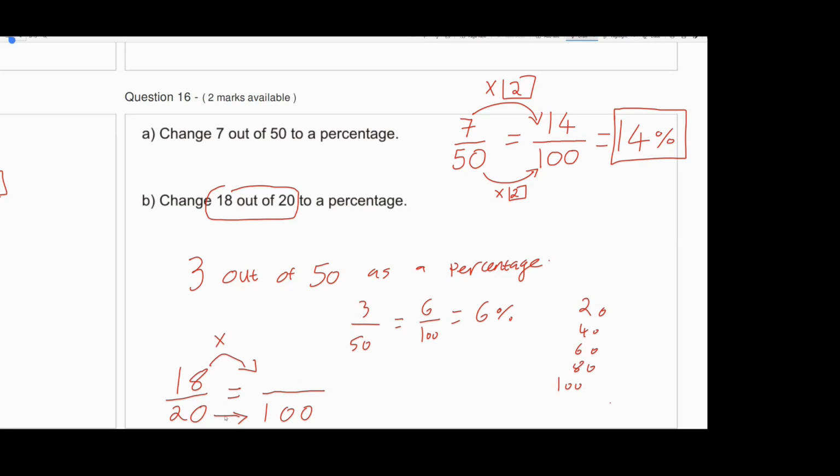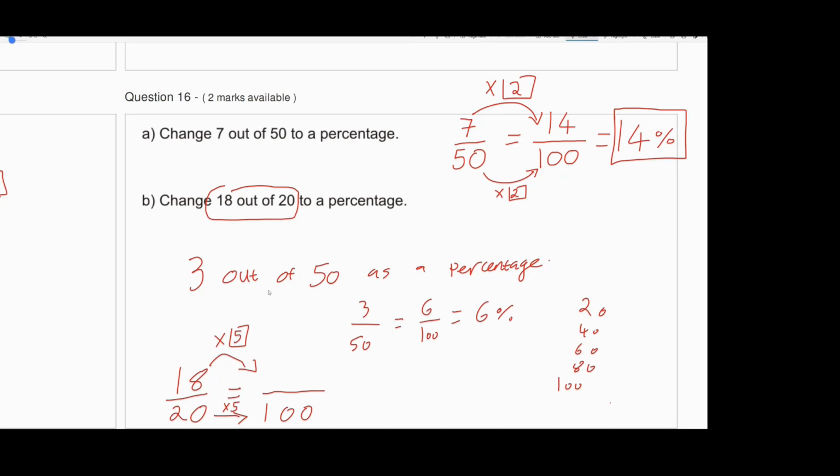So what have I times 20 by to get 100? 5. Not 50, yeah? So what do I have to times the top by? So we'd have to times the top by 5 as well.